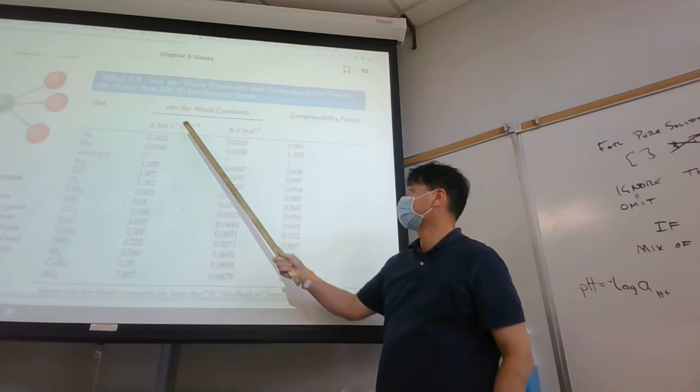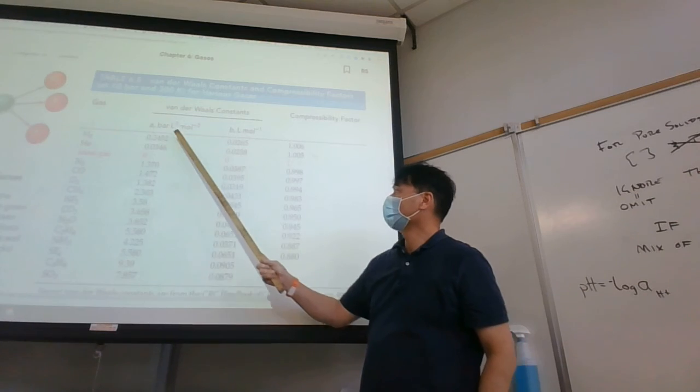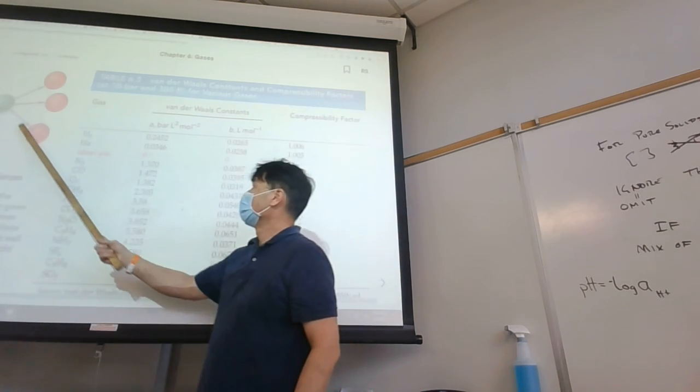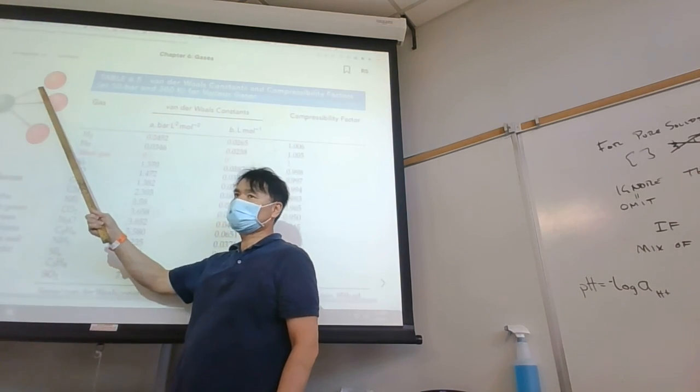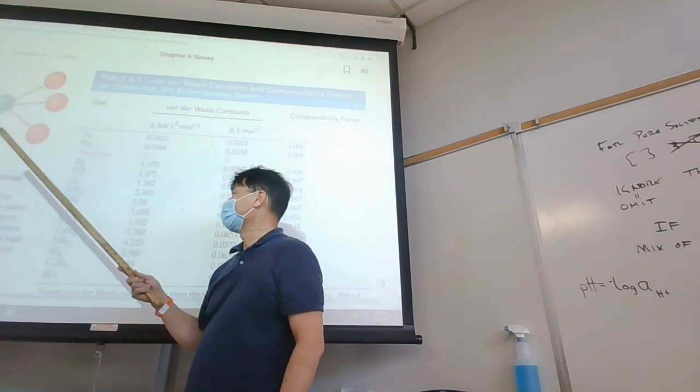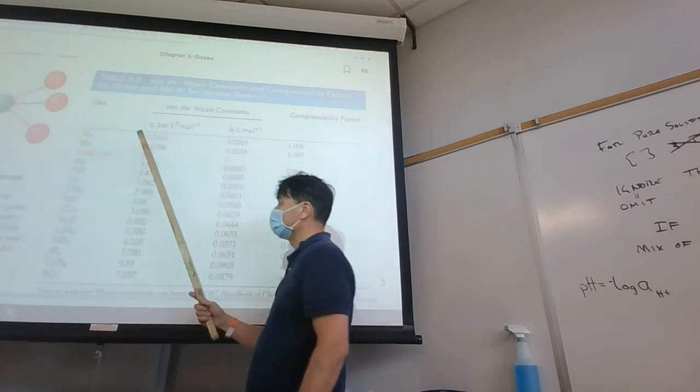The Van der Waals equation had 2 corrections in there. One correction was for molecular attractions. Intermolecular attractions are going to cause the gas to deviate from ideal behavior.